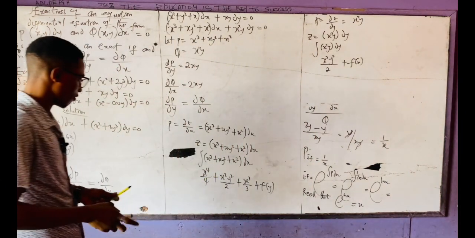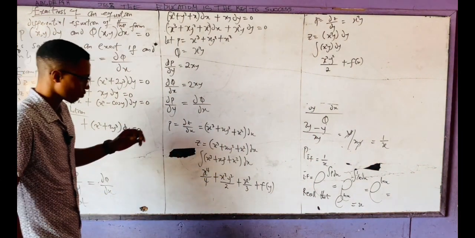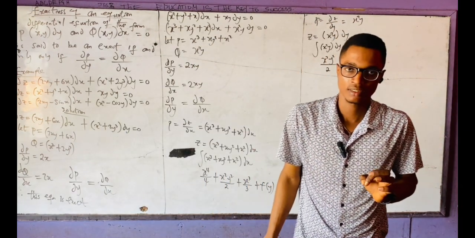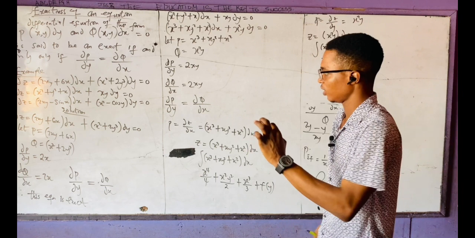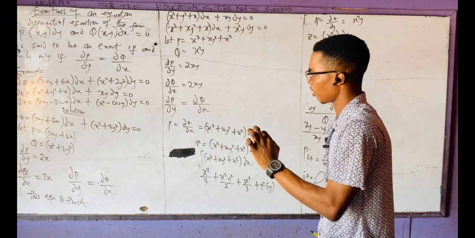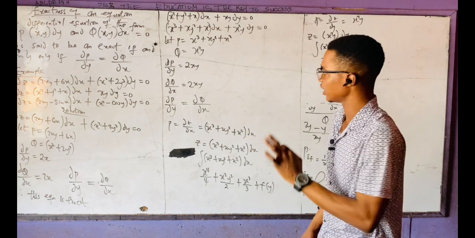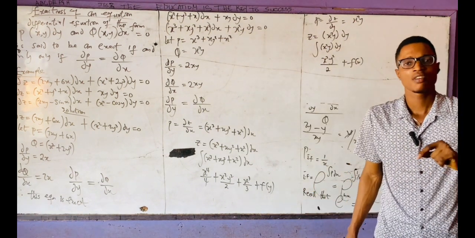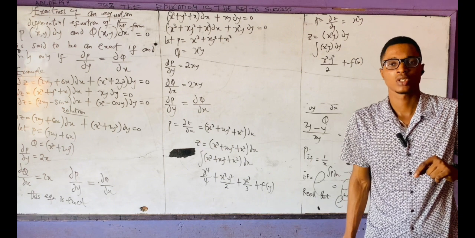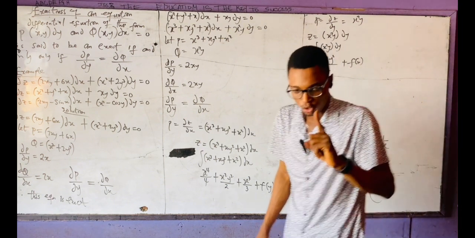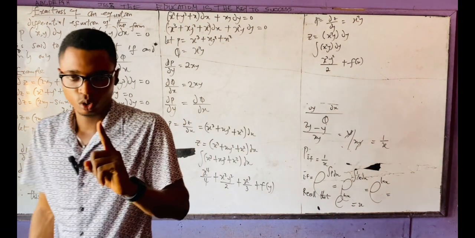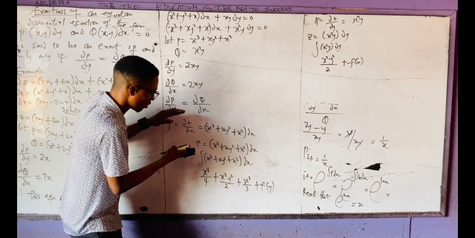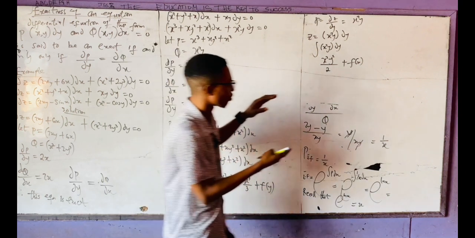Now, you know, in our first example, I said that after you have tested the equation and the equation is exact, that is the differentiation of p over dy is equal to dq over dx. At the same time, whenever you integrate that particular question, you must have just one variable that is common to the integration of x and the integration of y.